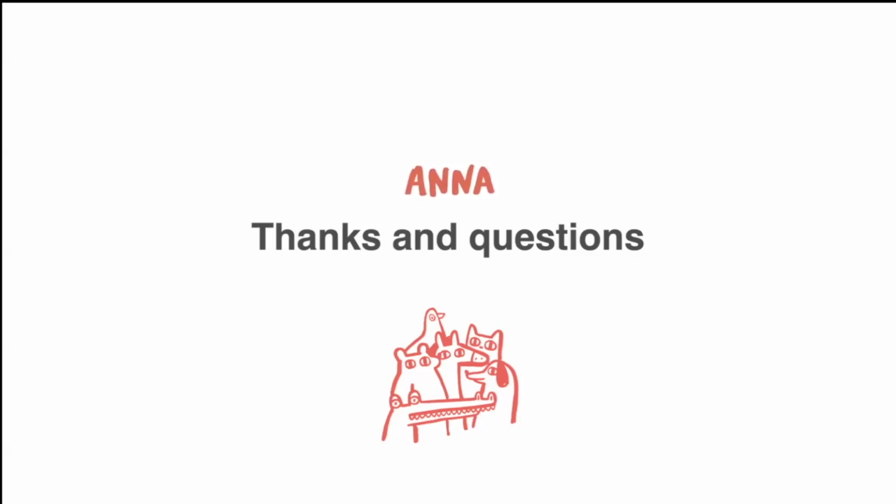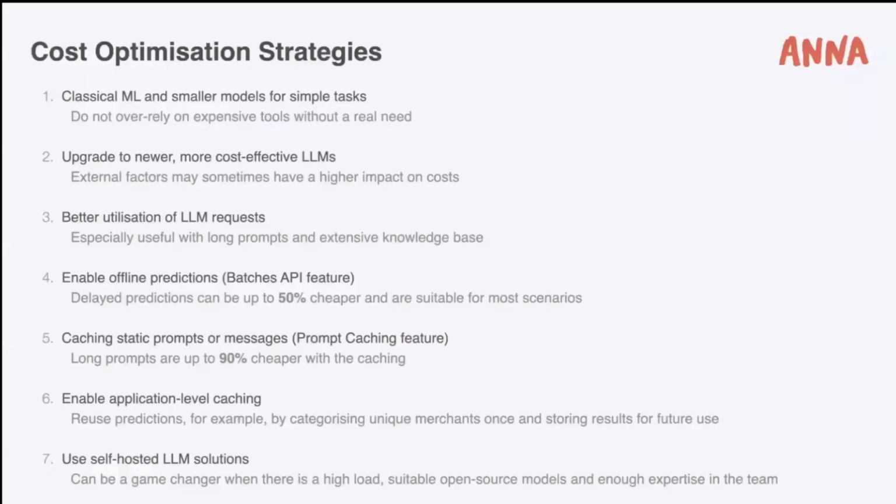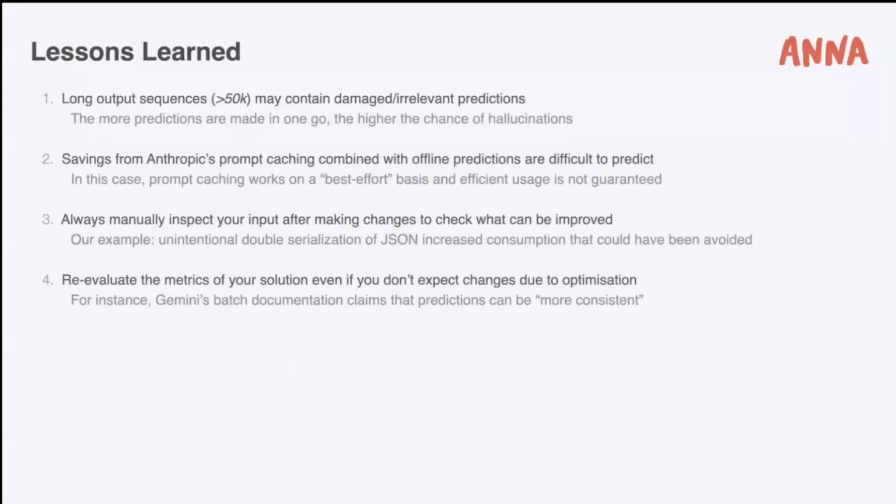Prompt caching. All top 3 providers, OpenAI, Anthropic, Gemini, claim that it can be combined with batch processing. Though, as I mentioned on this slide, Anthropic clearly mentioned that they will try their best to make use of your prompt caching, but nothing is guaranteed, because this request will be scheduled in a less predictable fashion.